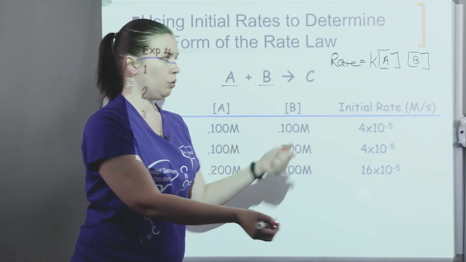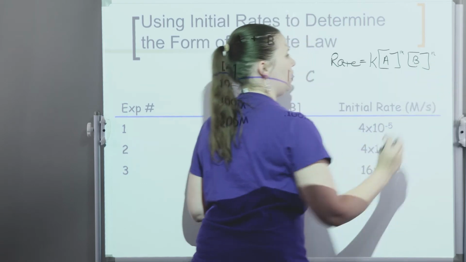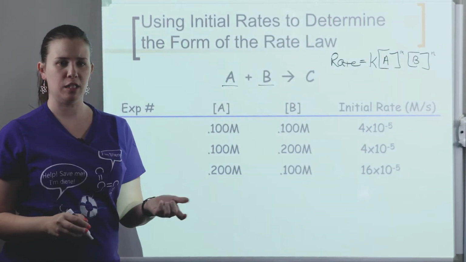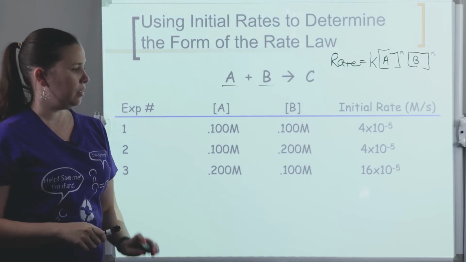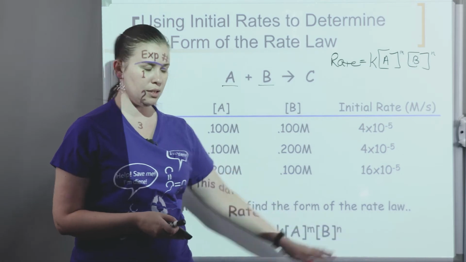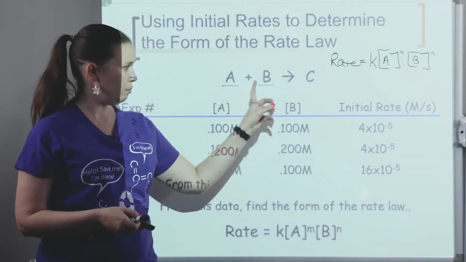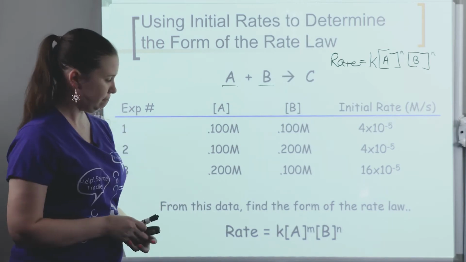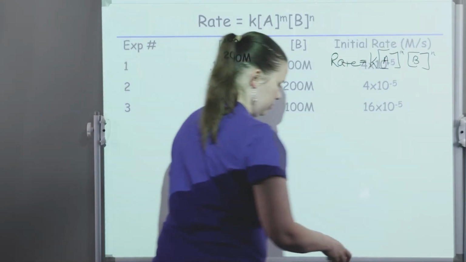No, because it's a product. Then I want to use the little letters M and N to represent my exponents, my reaction orders. So the general format is now rate equals K, [A] to the M, [B] to the N. And yes, it does matter that it's square brackets. We're going to plug in the molarities here, the concentrations. So let's give this a shot.